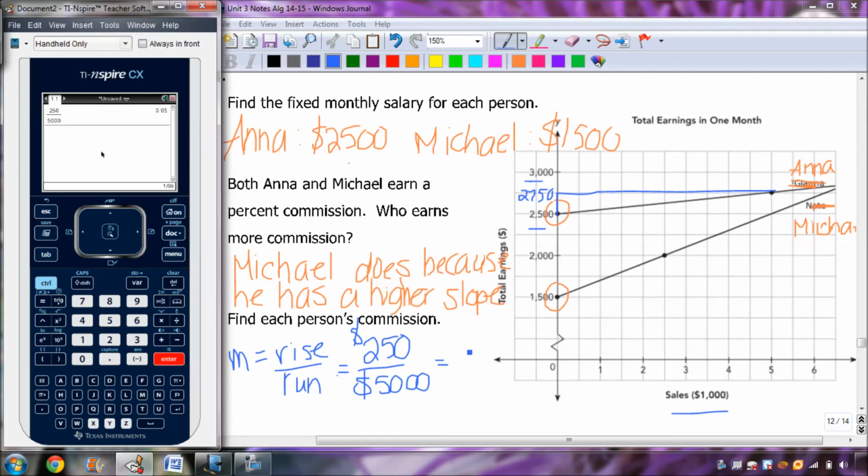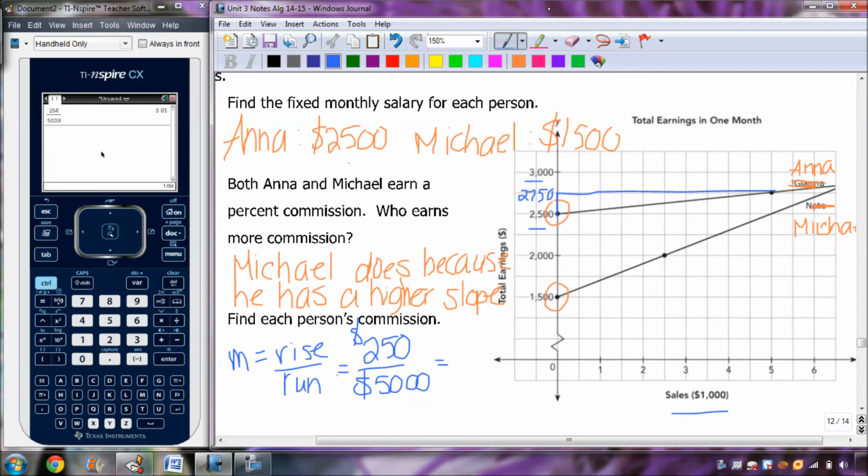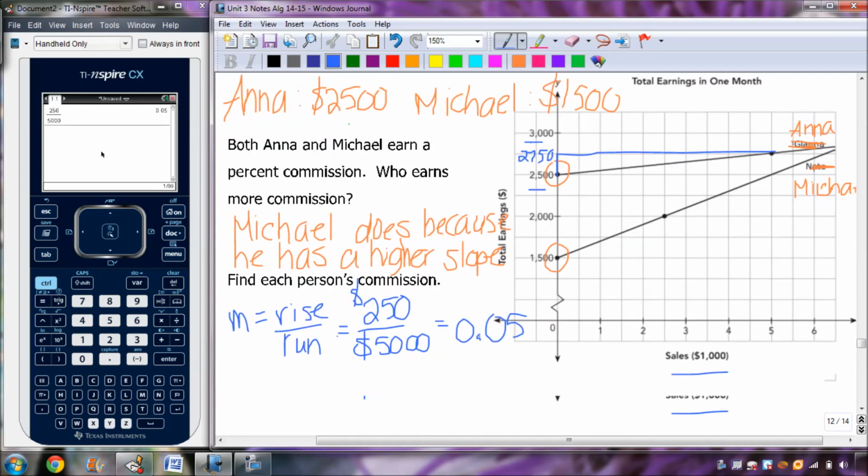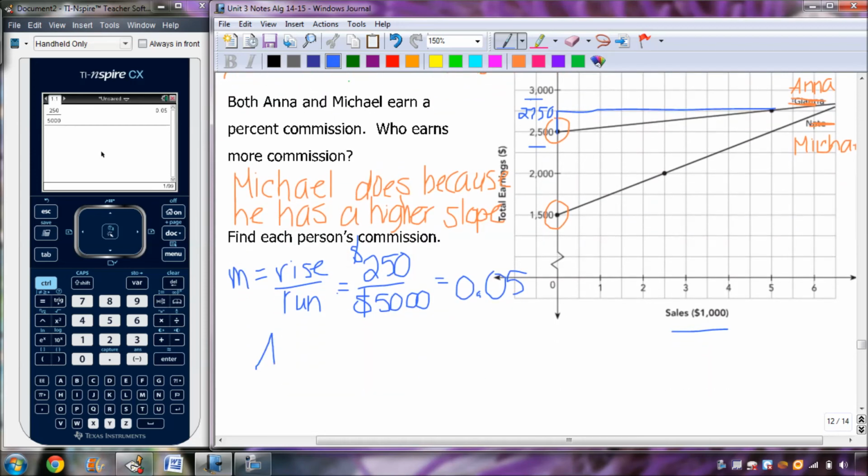You get 0.05. Now the question is, what is that as a percentage? That means that Anna makes 5% commission. Okay, so that means that for everything that she sells, she gets to keep 5% of that money. Okay, now let's figure it out for Michael.